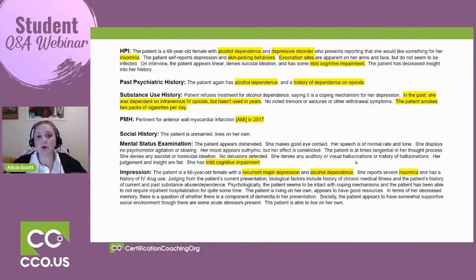So if I'm going to write a multiple choice off of this scenario that we're looking at, you bet one of the options is for that code, I'm going to put depressive disorder. I'm going to give a choice of the F32 code, which is the single episode, or recurrent, which would be an F33 code.